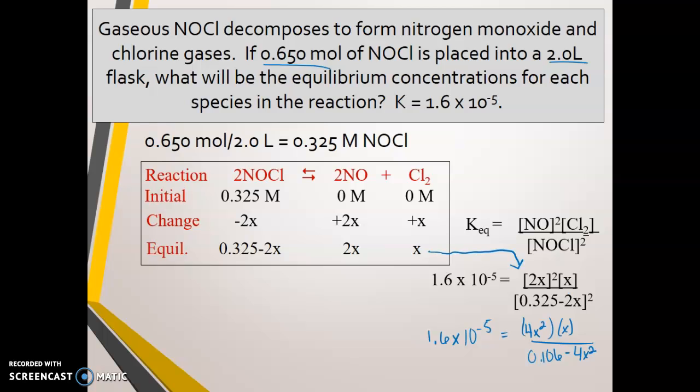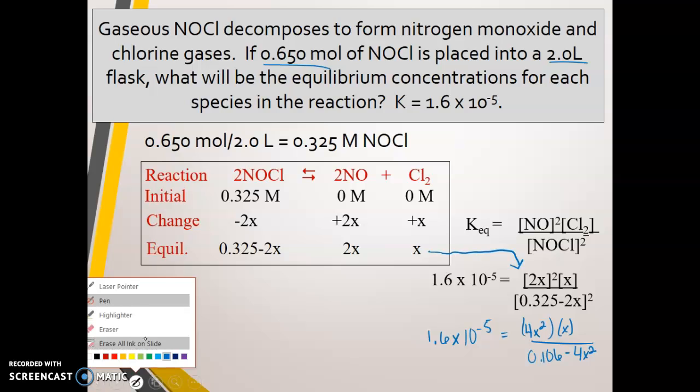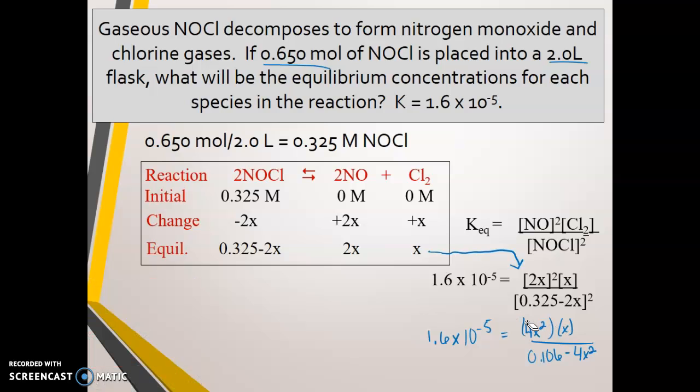And 4x squared times x is actually going to give us 4x cubed. So I'm just going to write that in here so I can show you what this negligible x is all about, just kind of simplifying it a little bit.